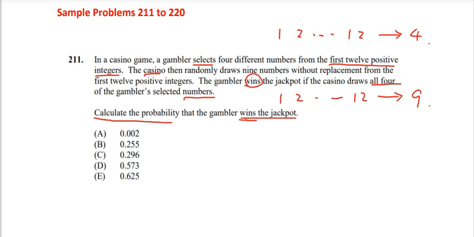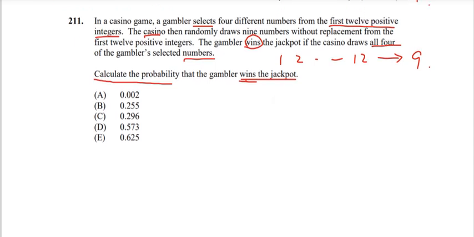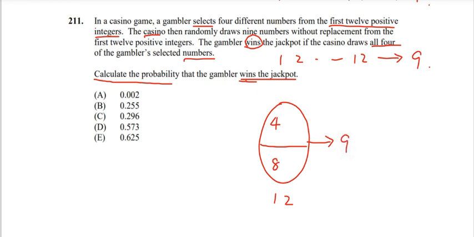Let's split these 12 numbers into two parts: these 4 numbers are selected by the gambler, and these 8 numbers are the rest. The casino picks 9 from here, so he will win if this 9 includes the 4.